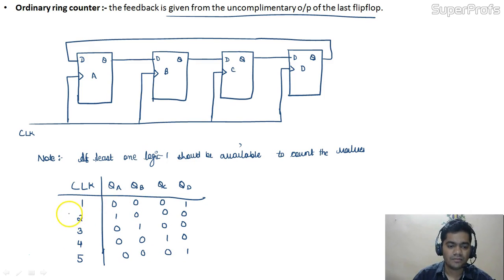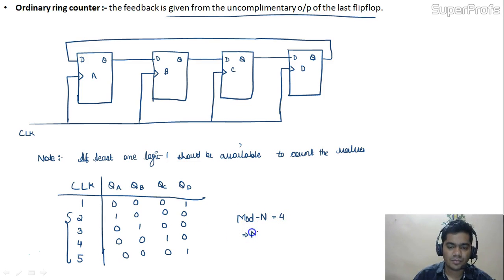So after how many clock pulses are we again getting our output? After 4 different states, we are able to get our initial input, that is 0, 0, 0, 1. So the mod value or the number of states would be 4.